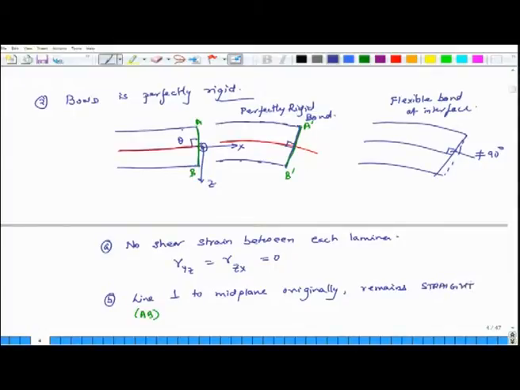So, it does not develop any curvature, it remains straight and perpendicular to the deformed mid plane. So, this theta still remains 90 degrees, theta still remains 90 degrees. So, this is the second thing.